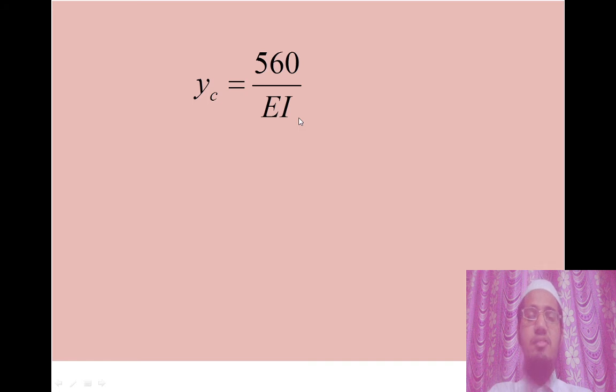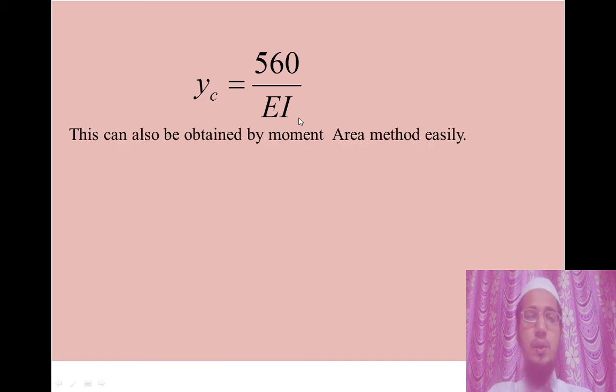Now what about deflection at C due to the upward prop? This deflection can be found by the moment area method, which we have already discussed in unit 1, the slope and deflection module.